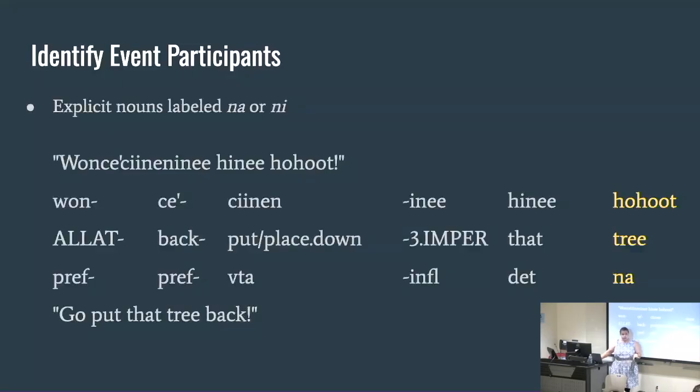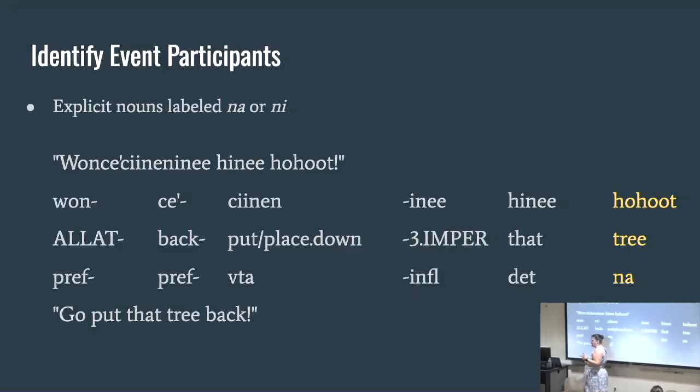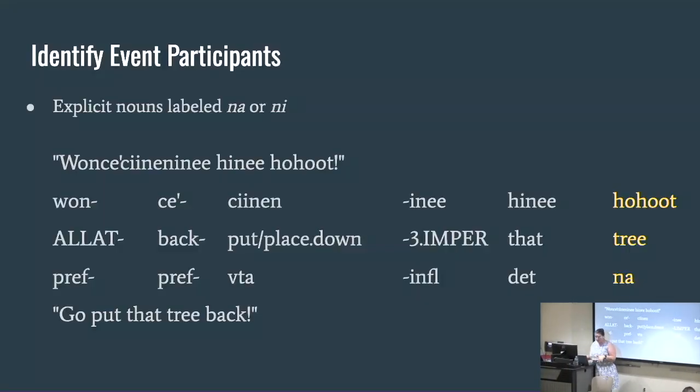In some cases, we can also take a strategy for assigning explicit nouns to participant roles. For example, in our particular data set, nouns are marked as NA or NI, so animate nouns and inanimate nouns.